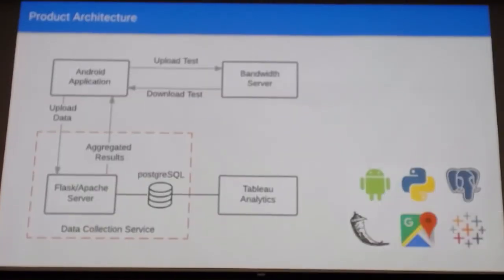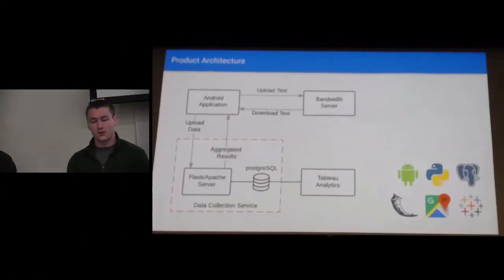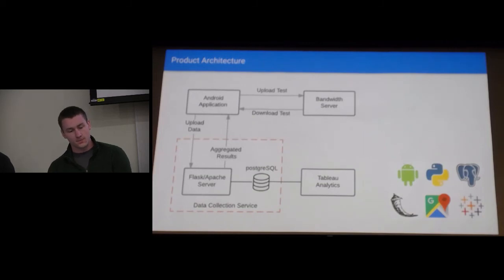Our architecture is pretty simple. The main piece is the Android application, which will be installed on the user's phone and will collect the information off of that phone. There's also a bandwidth server that will send and receive random bytes and perform timing on those to collect information about the bandwidth of the phone's connection.